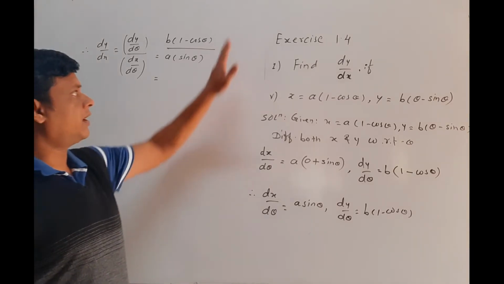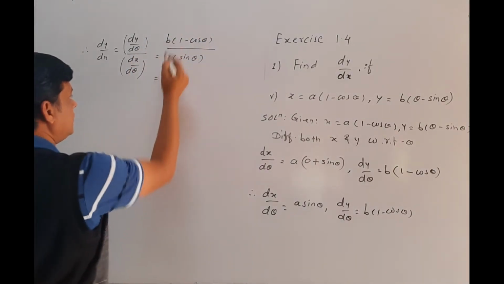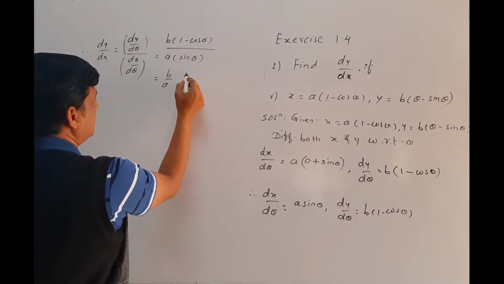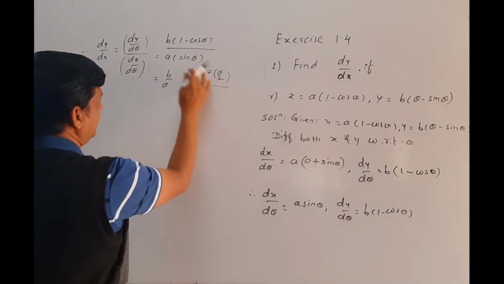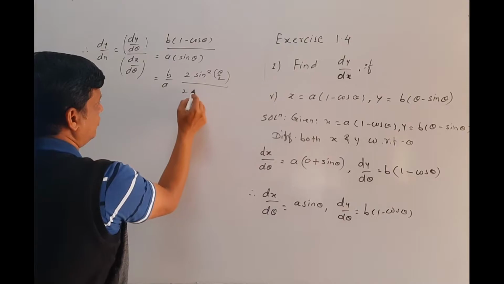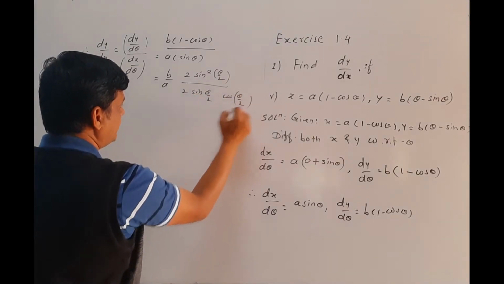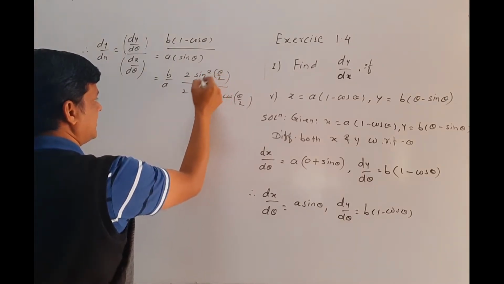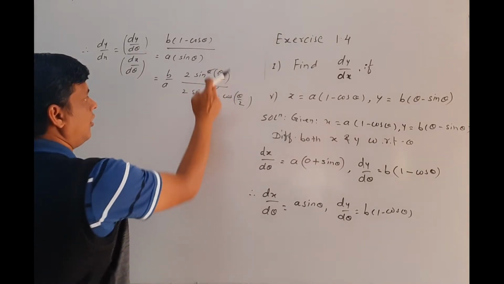Here for further simplification we apply the half angle formula. So write b by a as it is, 1 minus cos theta we write as 2 sin square theta by 2, and this sin theta we write as 2 sin theta by 2 into cos theta by 2 by using half angle formulas. So here one sin theta by 2 gets cancelled with the square term.